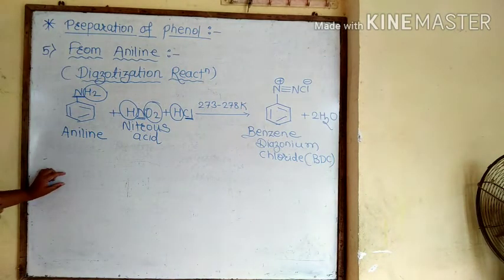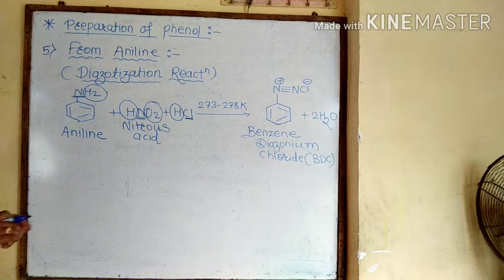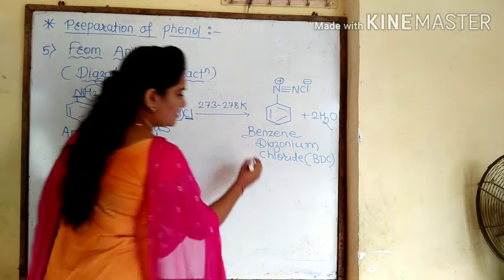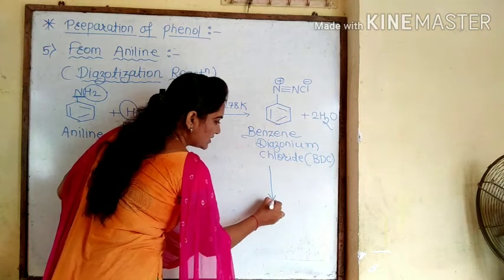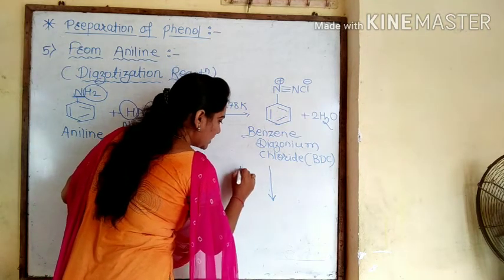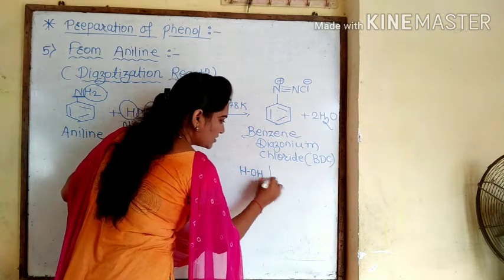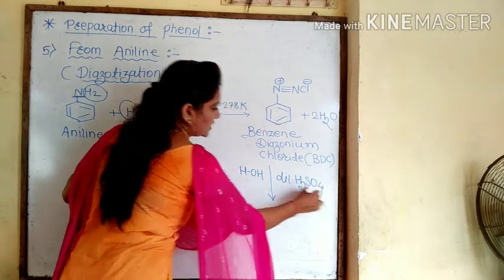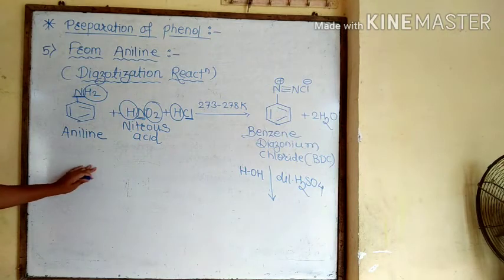That benzene diazonium chloride, when it reacts with H2O water molecule in presence of acidic medium, so that benzene diazonium chloride as it is reacts with H2O, HOH, in presence of dilute H2SO4, that is in the acidic medium.